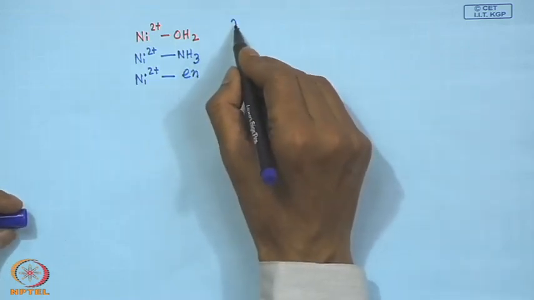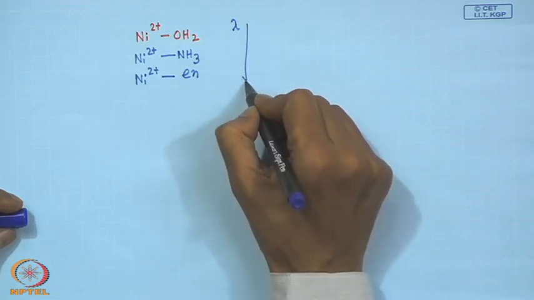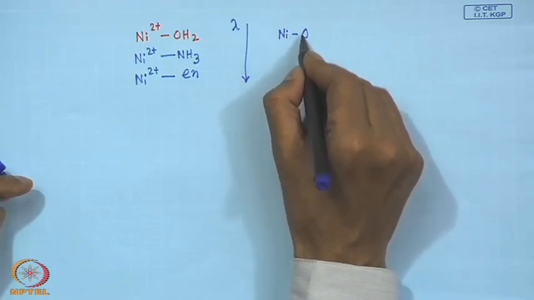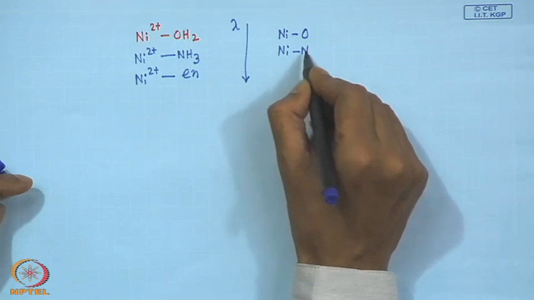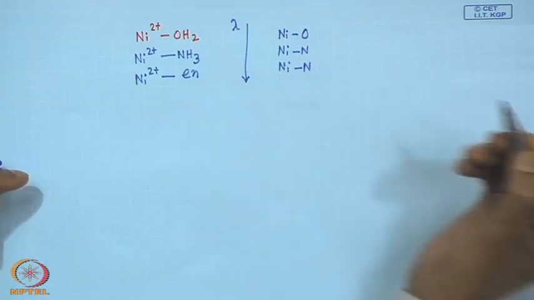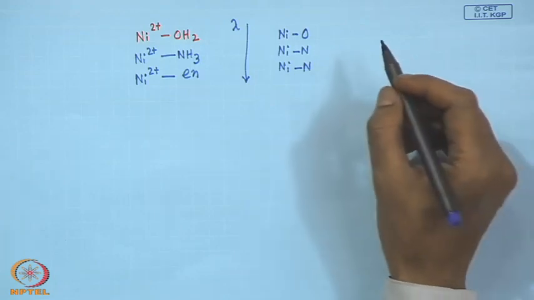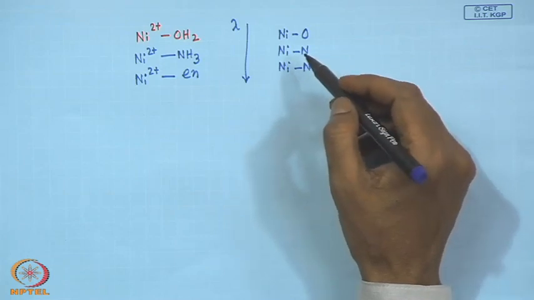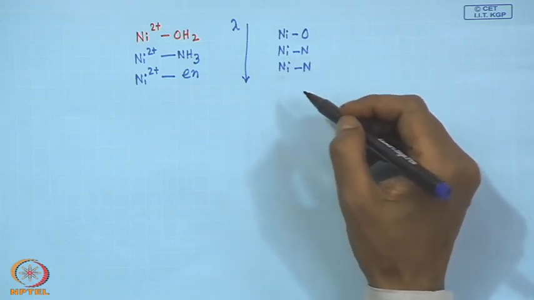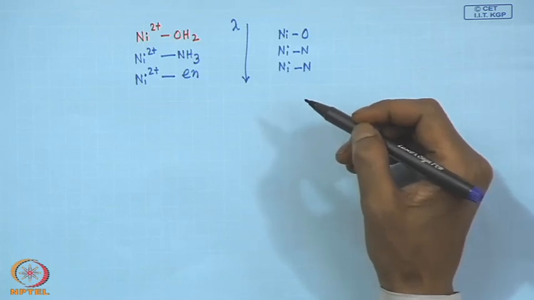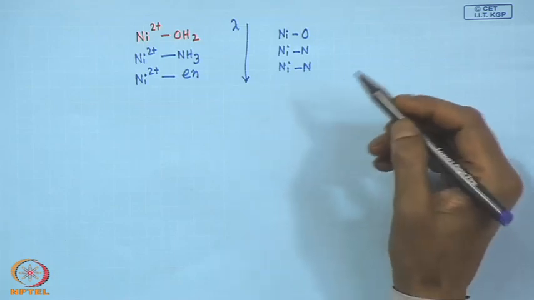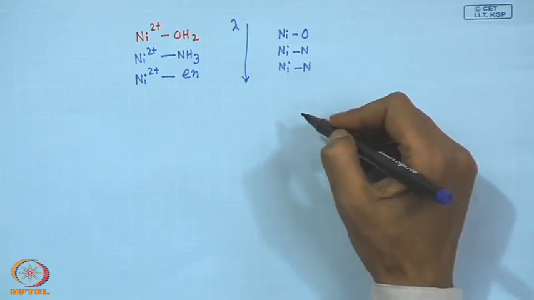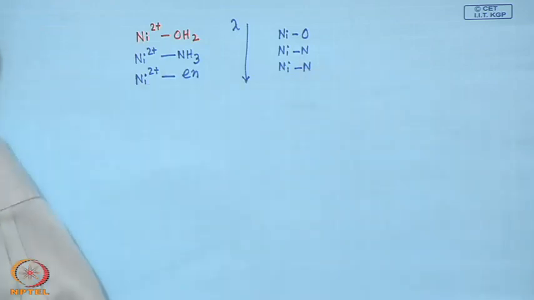So, the color is changing from one solution to the other, and the interactions are related to the corresponding bonds, which are Ni-O, Ni-N and Ni-N. So, depending upon the corresponding environment for the complex formation and the nature of the bond, how can we consider that when the octahedral complex formation is taking place, the electronic transition can take place between E1 and E2, which can give rise to the corresponding color of this particular compound.